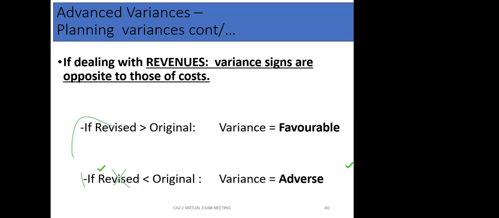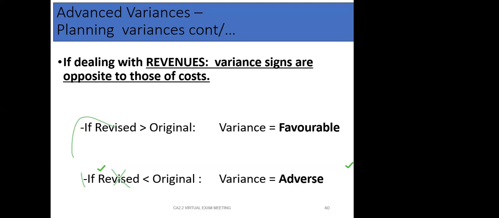If it's revenue and the revised selling price is 15, but you had put 8, the variance there is favorable. 15 minus 8, 7 is favorable in the sense that when you sold realistically, you were raising more money than what you had thought.